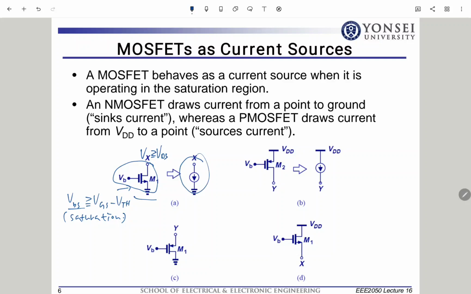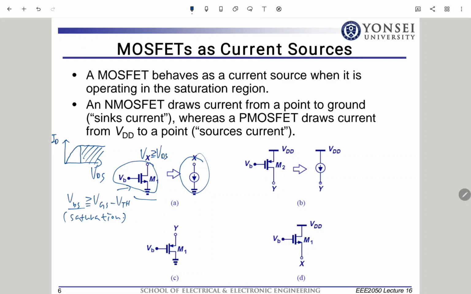I'm talking about this region right here. Regardless of VDS, ID is constant.